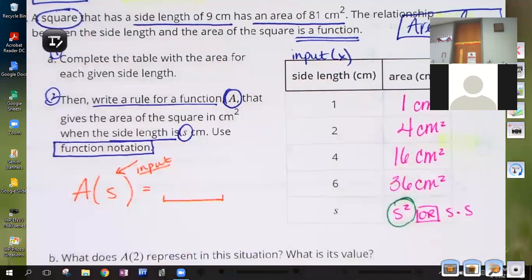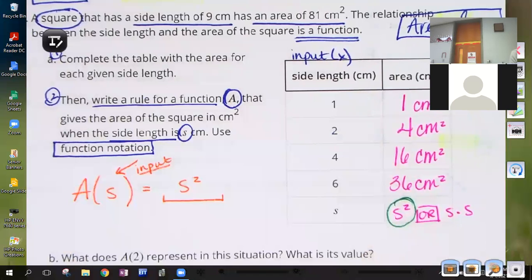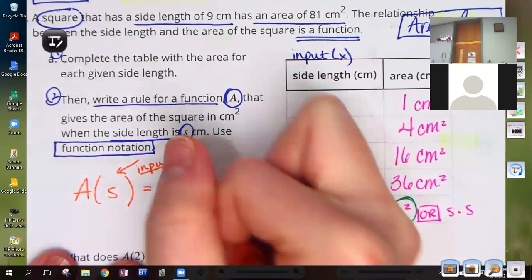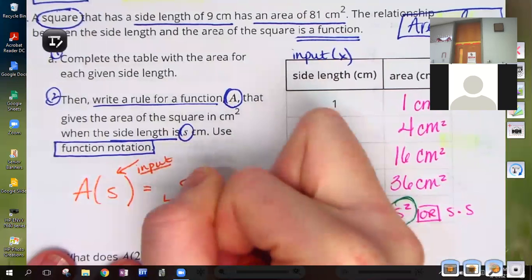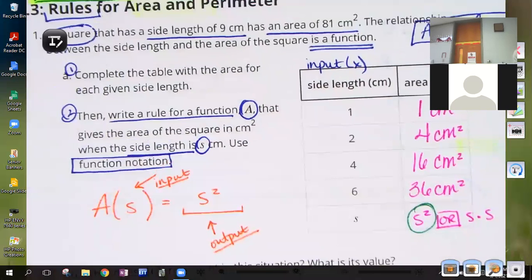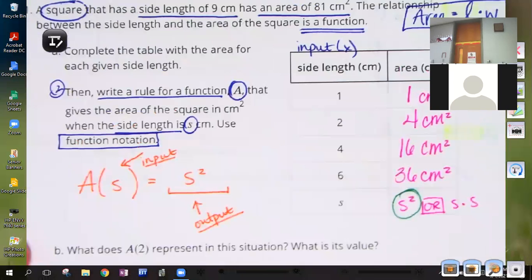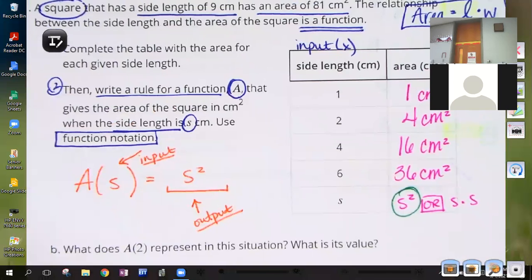We squared it. So we just did S squared. And that's our output. That's the rule of our function. We square the input.